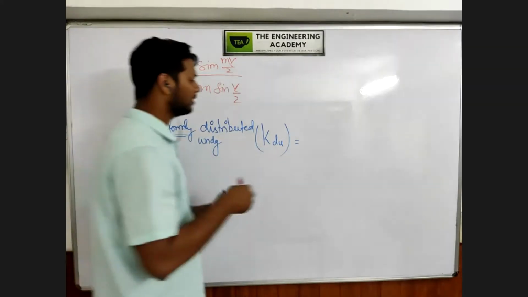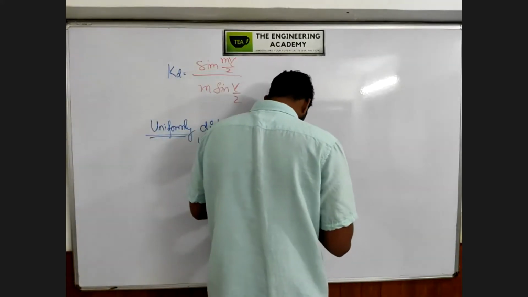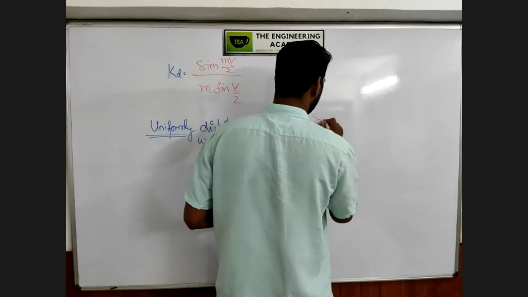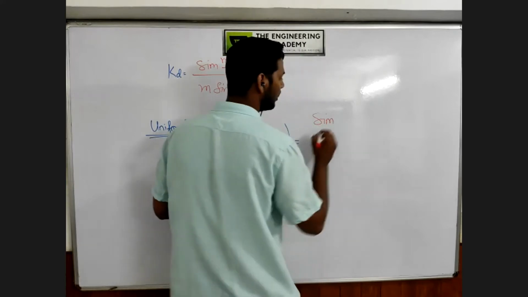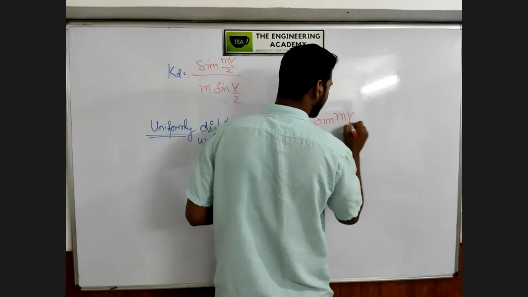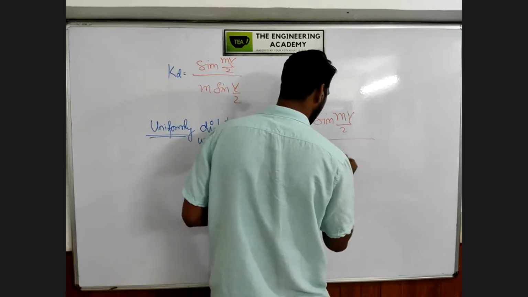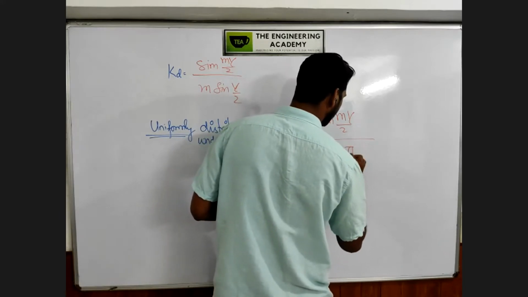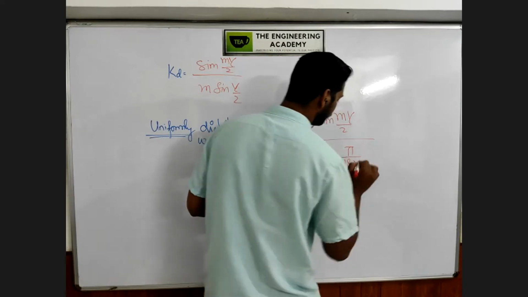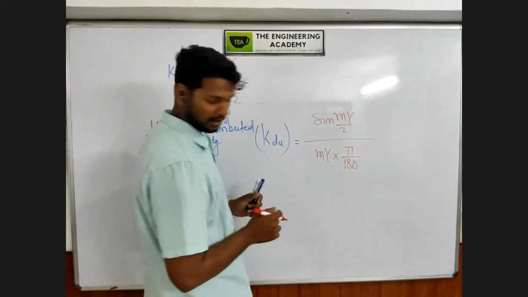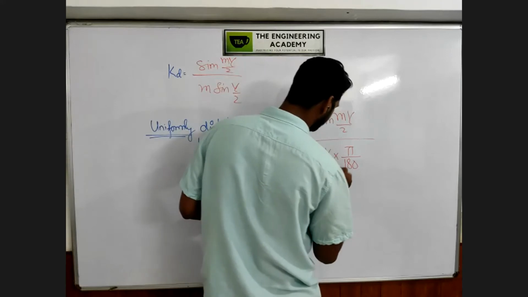So the formula for this is sine m gamma by 2 whole divided by m gamma by 2 into pi by 180.